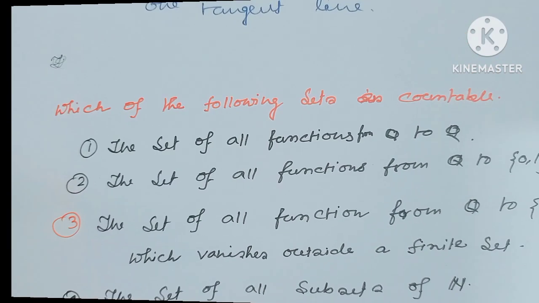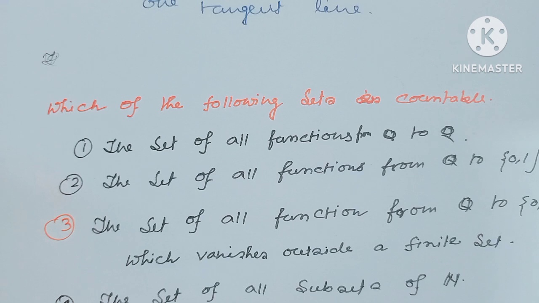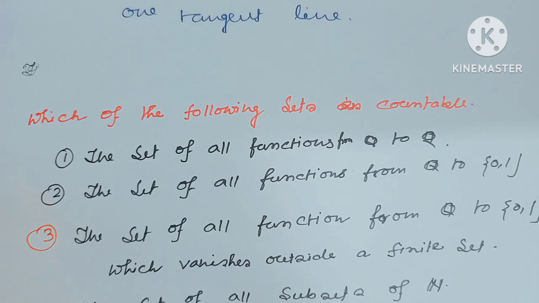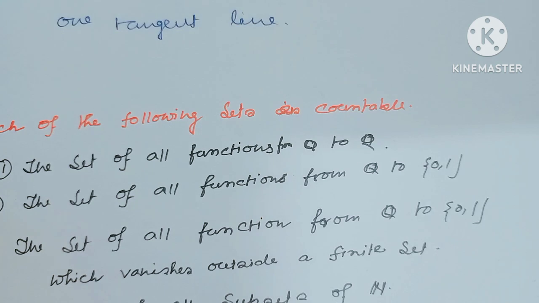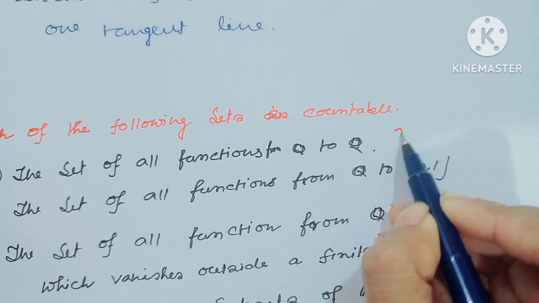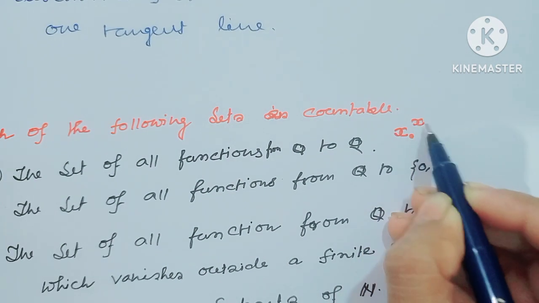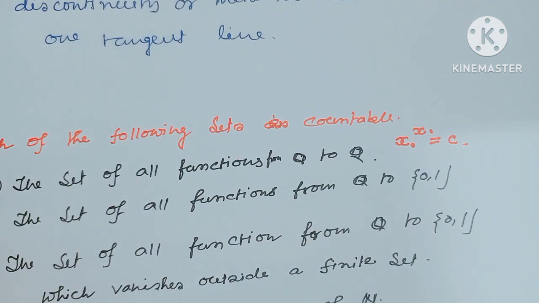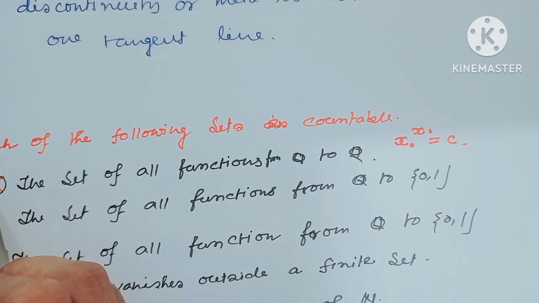Okay. Next, which of the following sets is countable? Option 1. The set of all functions from Q to Q. We all know this is aleph naught to the power aleph naught, and aleph naught to the power aleph naught is always the continuum C. So this is uncountable, and this option is wrong. Option 2.